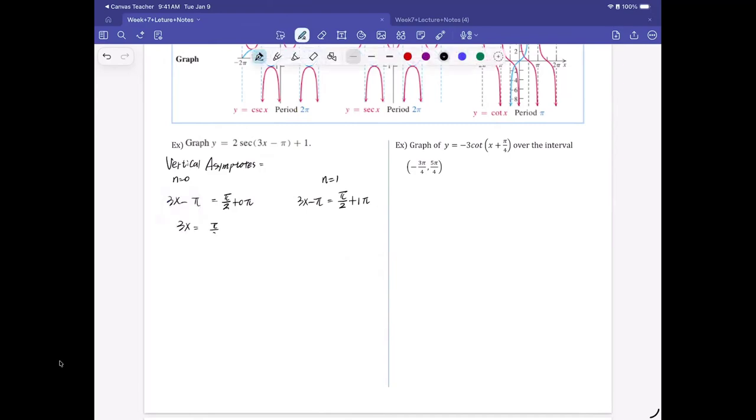And then this is, so it'll be pi over 2. So first, the vertical asymptote is pi over 2. And then when n is 1, this is 3 pi over 2, right?